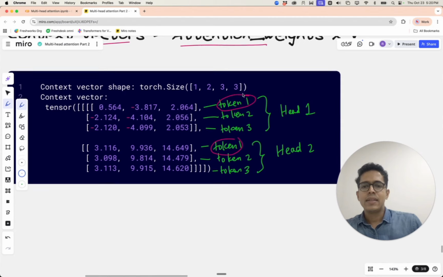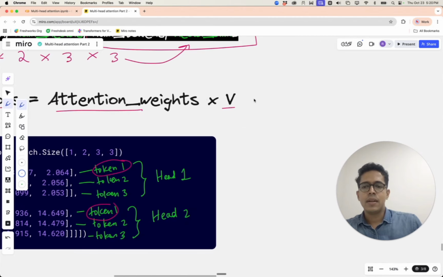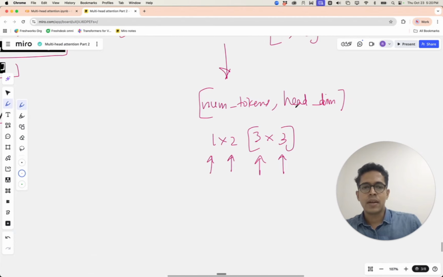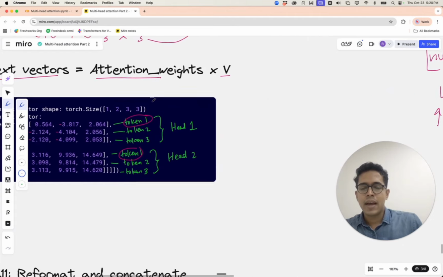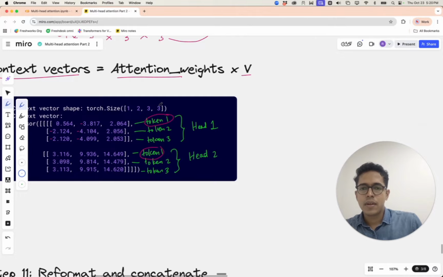So the last dimensionality is the head dimension. I have to convert this 3 and this 2 into just 6. Earlier we did a rollout. Now we have to pack it back again.